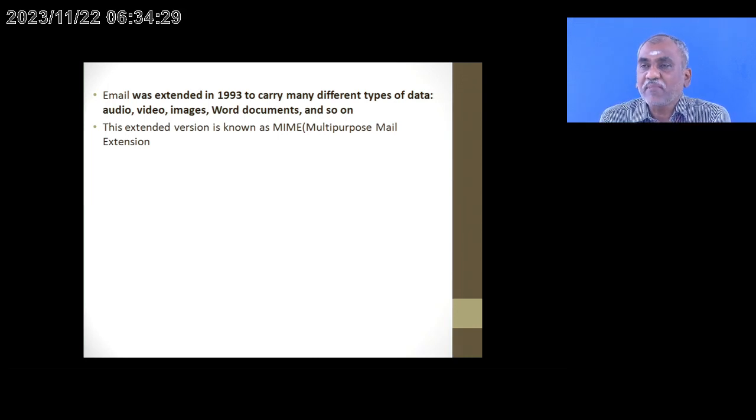Earlier, email was only used to send a message from one system to another. After that, in 1993, email could carry different kinds of data. We can attach audio, video, images, Word documents and so on. For that we use MIME, which stands for Multipurpose Internet Mail Extension. So what is multimedia?